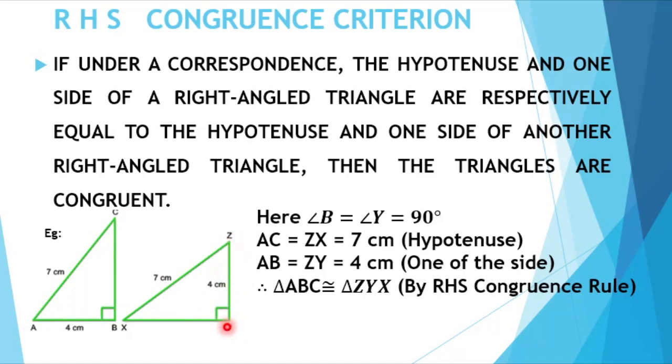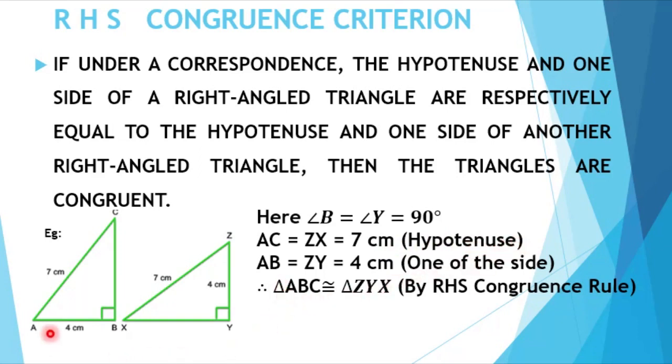The 4 centimeter line segment is here and we start from Z only. So we are taking ZX. Clear? That is why we are taking ZX only, not XZ. So second condition, AC equal to ZX equal to 7 centimeter, which is the hypotenuse.